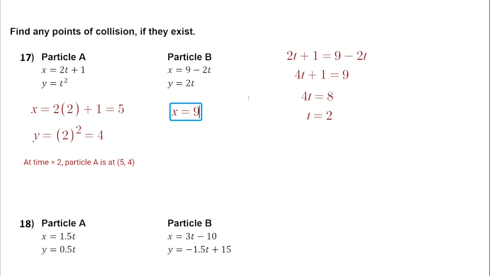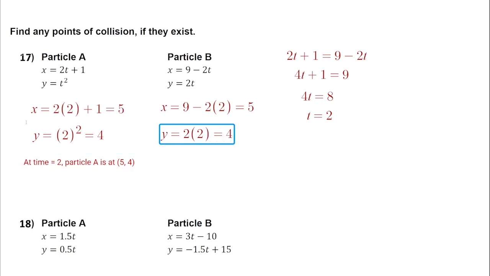So x is going to be 9 minus 2 times 2 in this case. So 2 times 2 is 4, and 9 minus 4 is 5. So they have the same x coordinate, which we kind of already knew, because that's what we set equal to each other to begin with. But now we know what that x is. And we got some verification here. So for the y coordinate, we've got 2 times t, which would be 2 times 2, and that is also 4.